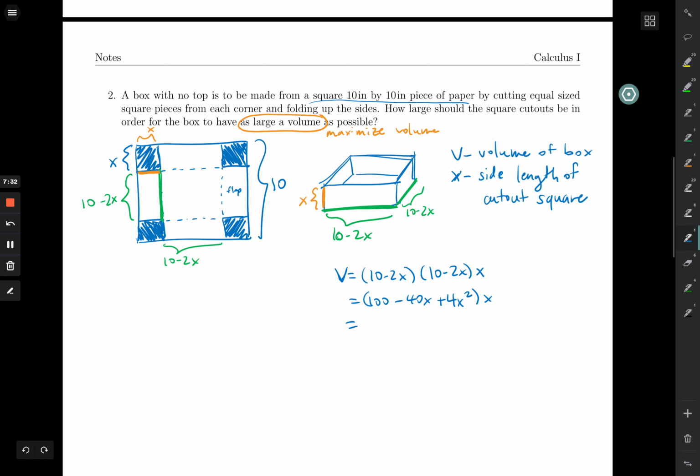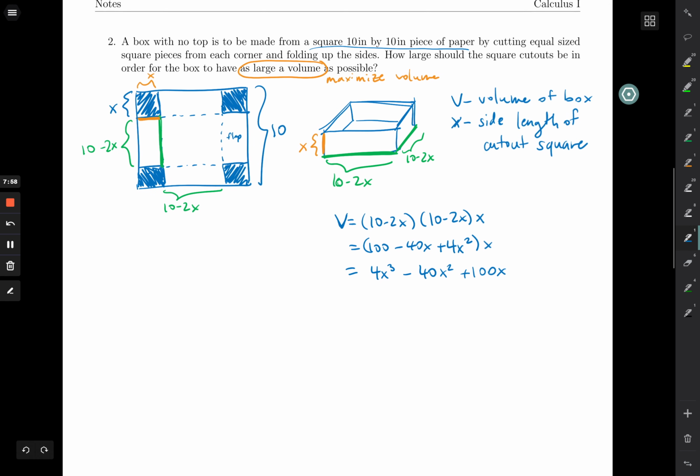Okay, and so I'm going to go ahead and rewrite this in the normal order. So with our x cubed out front, 4x cubed minus 40x squared plus 100x, right? And so we do have our volume written as a function of the side length of the cutout square.